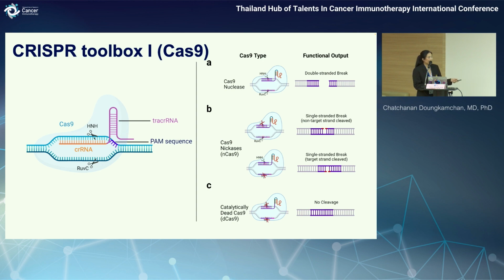So this is the nickase. And the last one, if both of the endonuclease sites are mutated and can no longer function, it will give rise to the last variation, which is the dead Cas9 or dCas9.